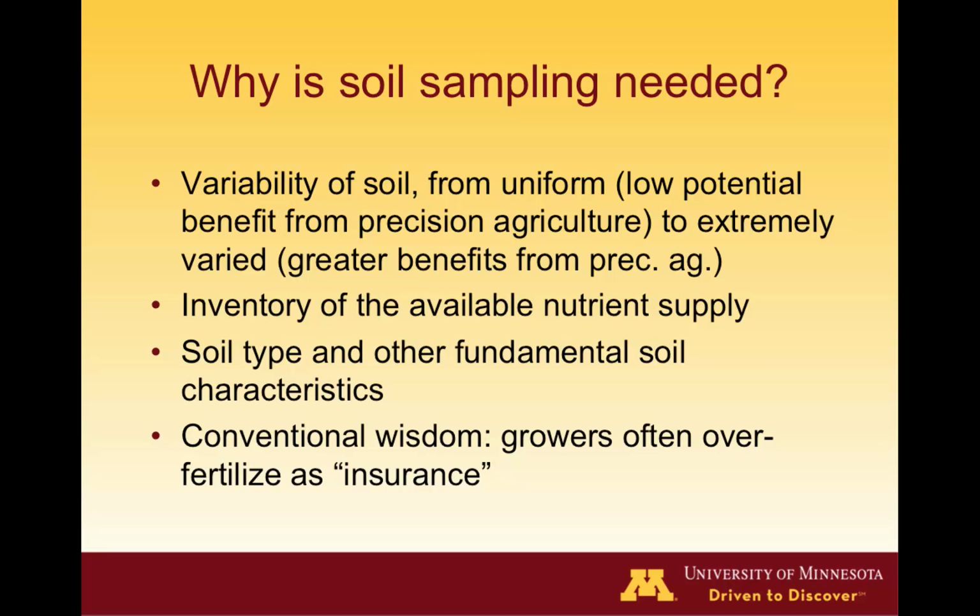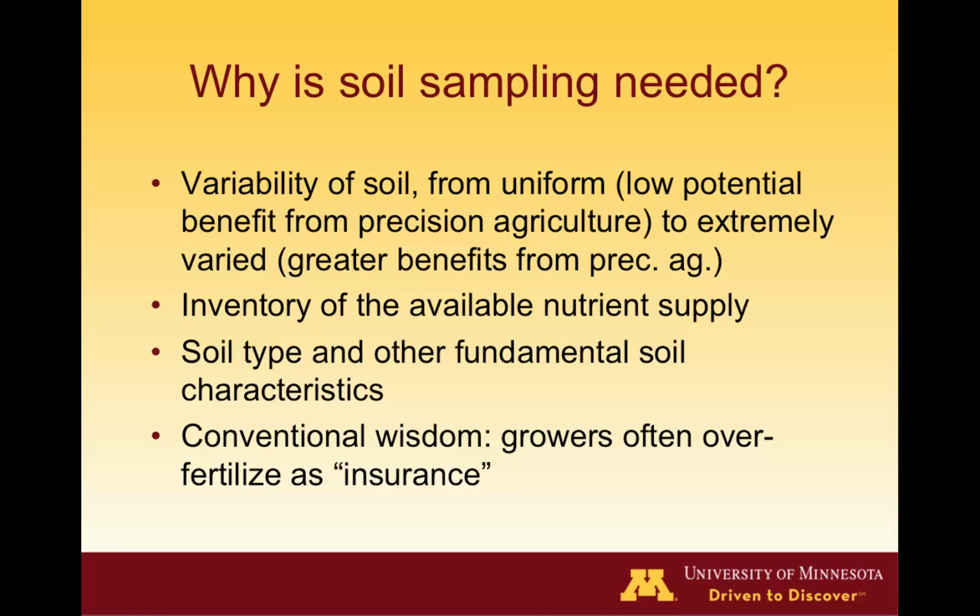Why is soil sampling needed? It is all because of the variability of the soil. In some parts you find relatively uniform soil, and for this kind of field, it has low potential benefit from precision ag.